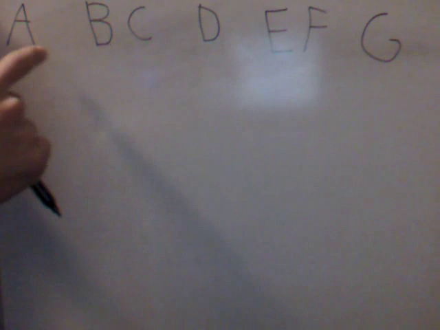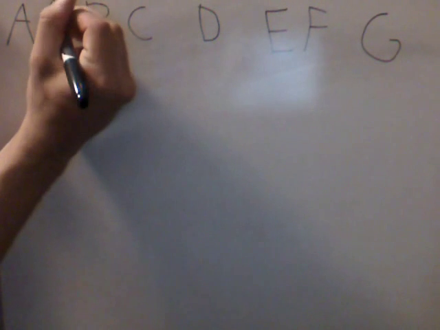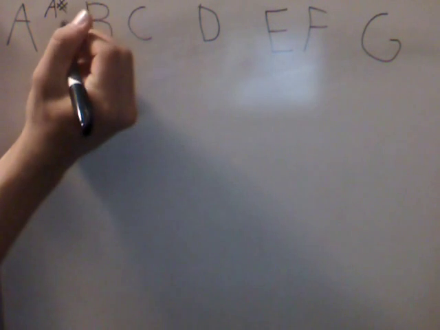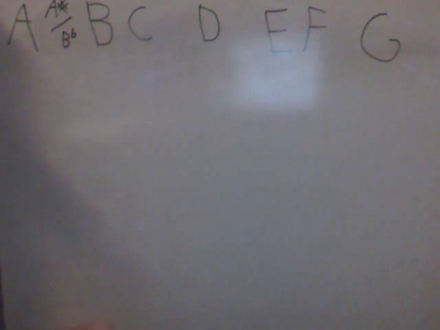For example, there is a note in between A and B, and this note can either be called an A sharp, or it can be called a B flat. Let's stop for a minute.